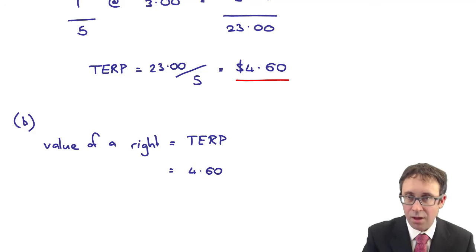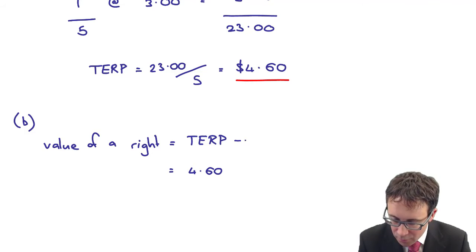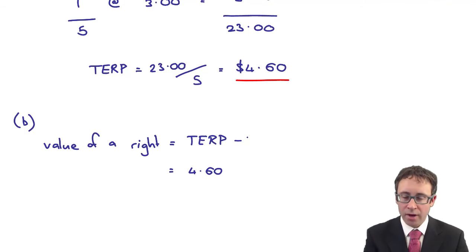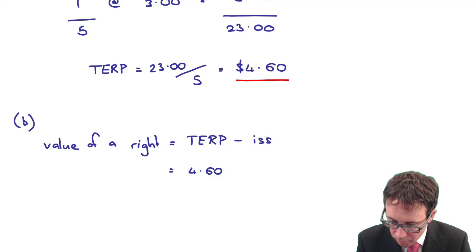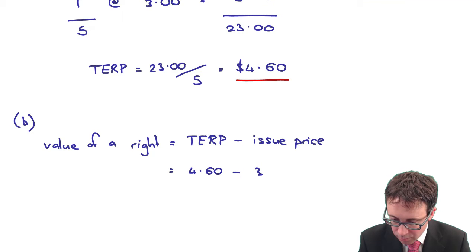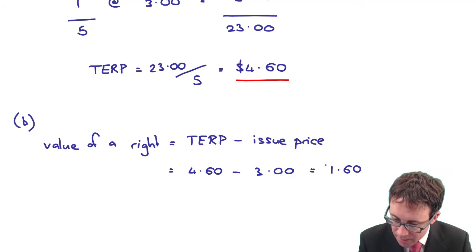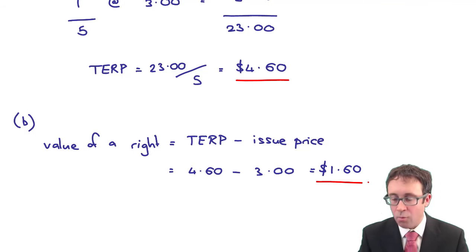Because we don't buy the share at $4.60, but at the same time, we save on the purchase. So we go through that, and then deduct the issue price. And that gives me the value of a right at $1.60.